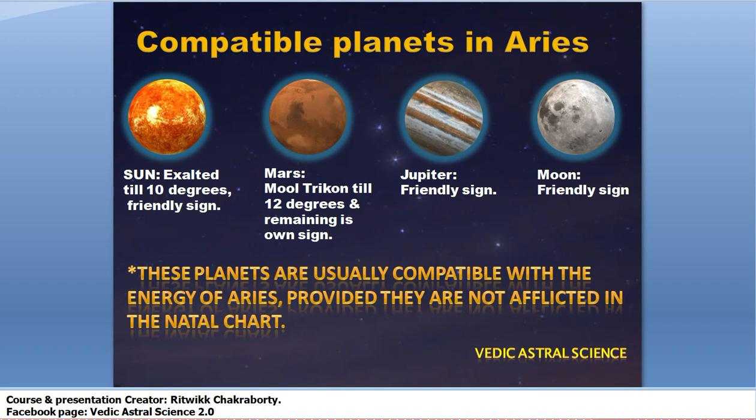Alright friends, now let us talk about planetary compatibility or how each planet works in the sign Aries. So let us start with favorable ones or compatible planets. As you can see in the slide, Sun is exalted in Aries till 10 degrees.